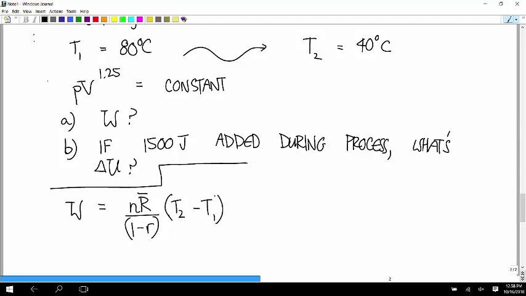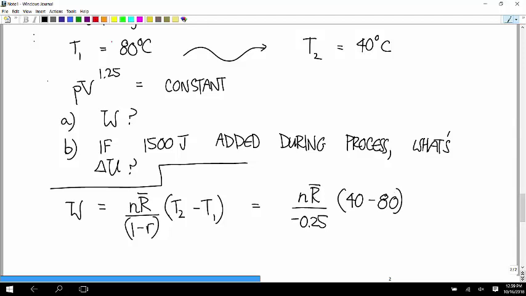We're going to have to manipulate some of this. For us, we have N times R bar, over n is 1.25, so negative 0.25, and then we have 40 minus 80.